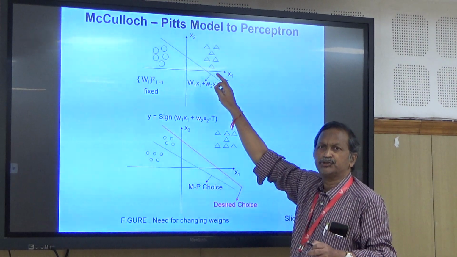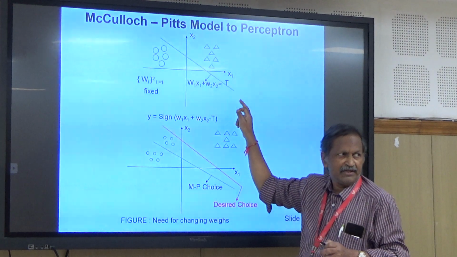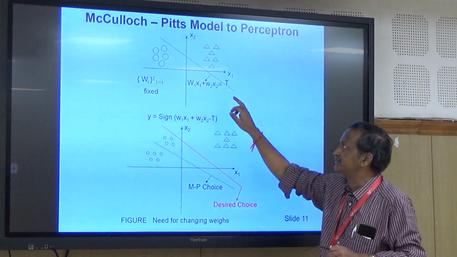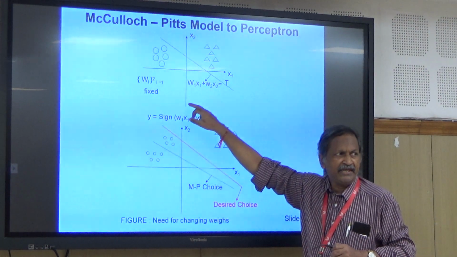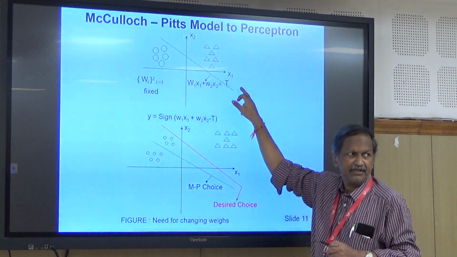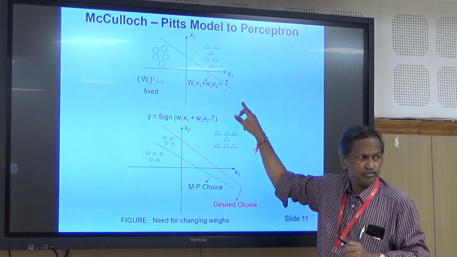So I expressed x2 in terms of x1 and the intercept. You quickly realize that the slope is minus W1 over W2 and the intercept is t over W2.